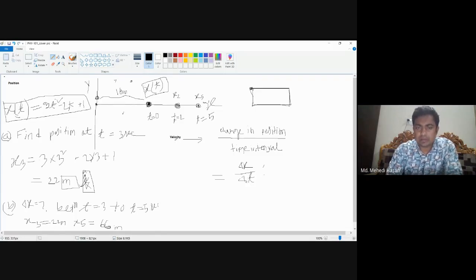Now velocity here is of two types. First is average velocity, and another is instantaneous velocity.